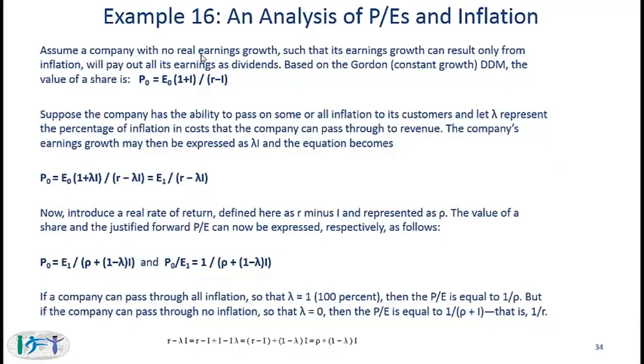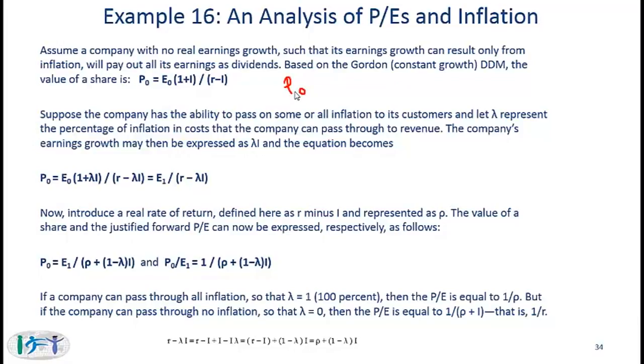Assume a company with no real earnings, such that its earnings growth can result only from inflation, and that it will pay out all its earnings as dividends. So based on the Gordon growth model, what is the value of the share then?